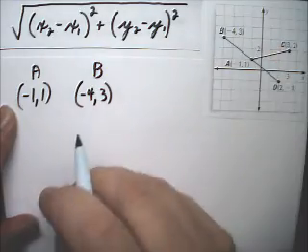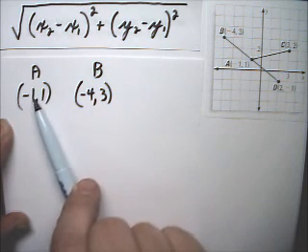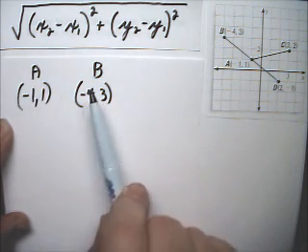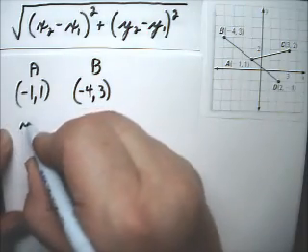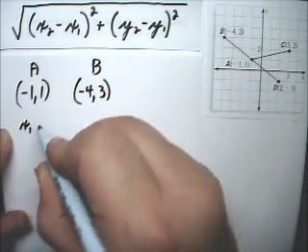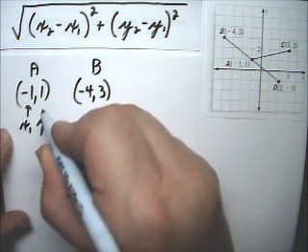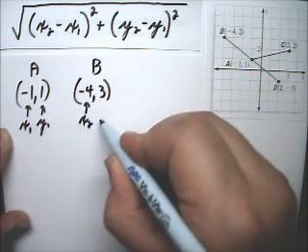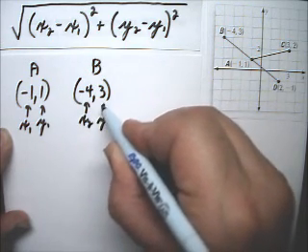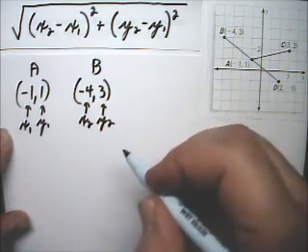I got those straight from here. Now you can make either one of these point 1 and point 2. I'll make this one point 1 and this one point 2. That's just the way I always do it. So that means this is x1 and y1, and this is x2 and y2. So with that in mind, we just plug it into this formula.